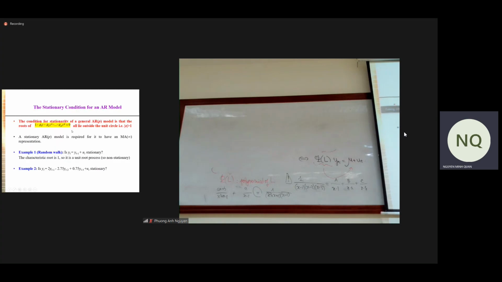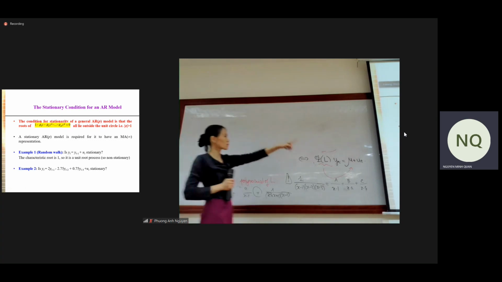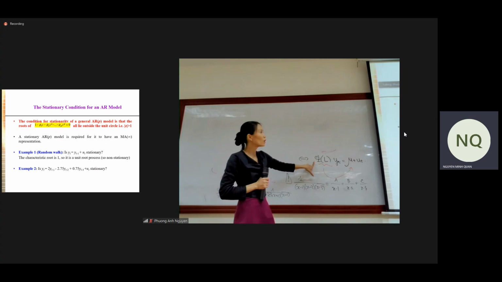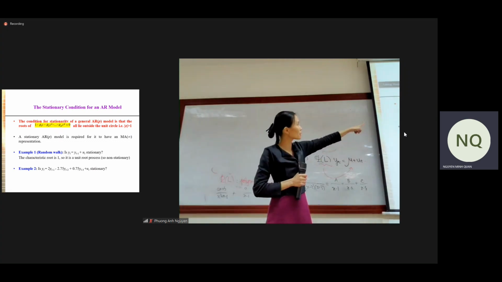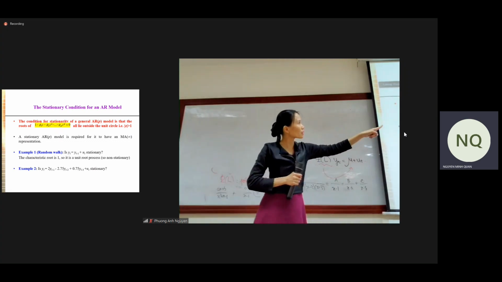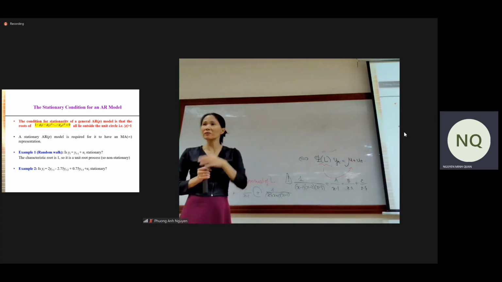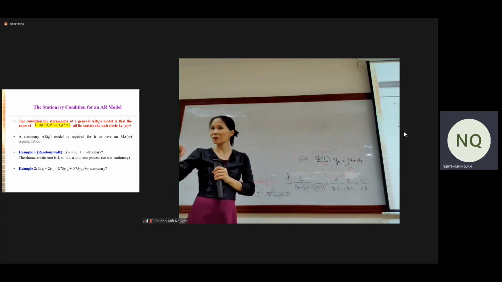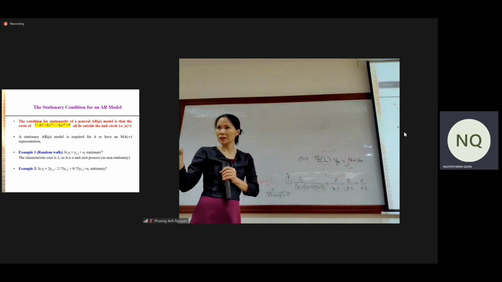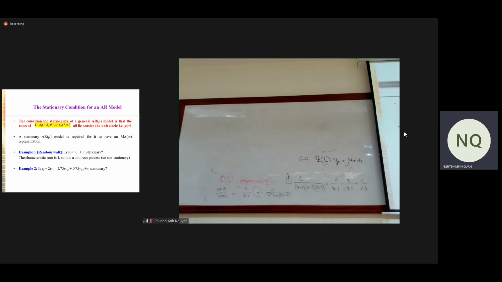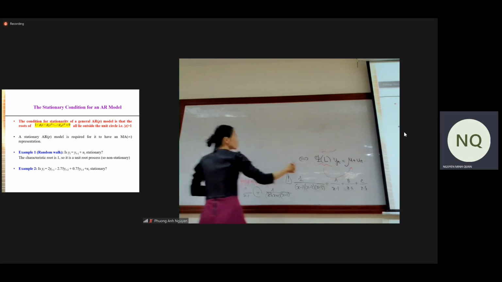Suppose now that the polynomial 1 minus phi 1 L, which is the polynomial phi L, has exactly how many roots? Because in the set of complex numbers, you know that any polynomial can be factorized. Here is equation 2.